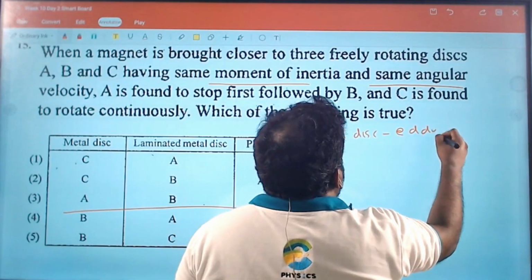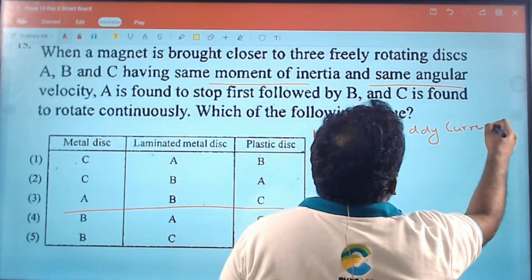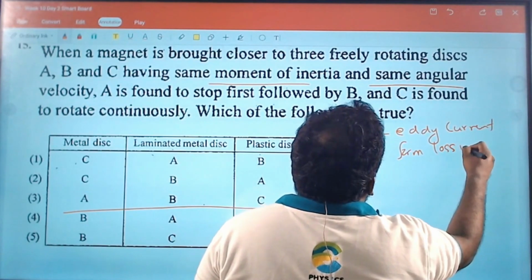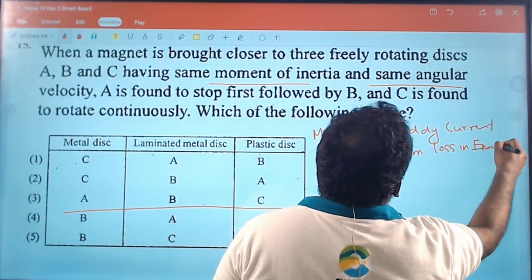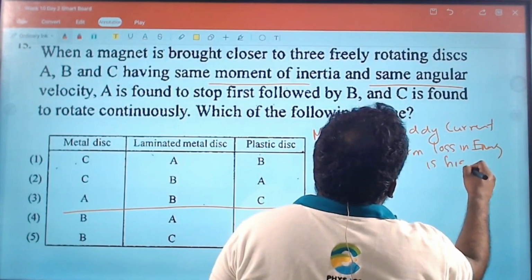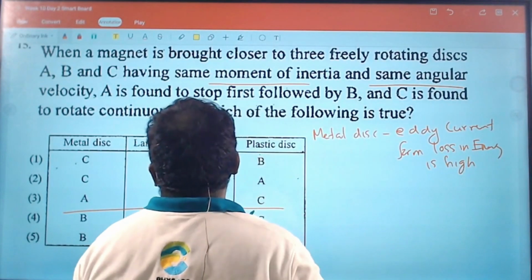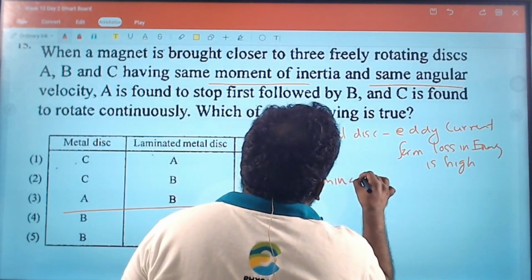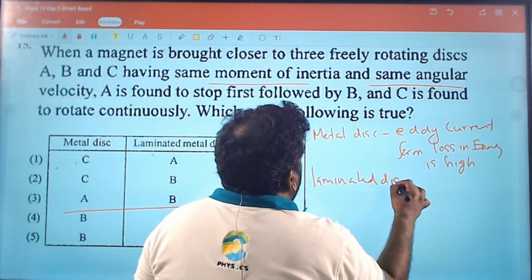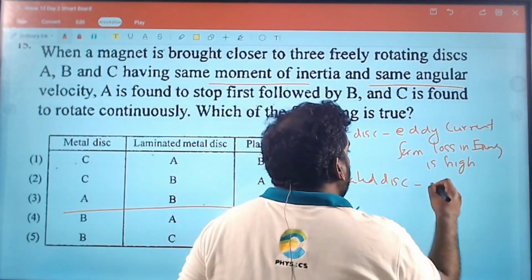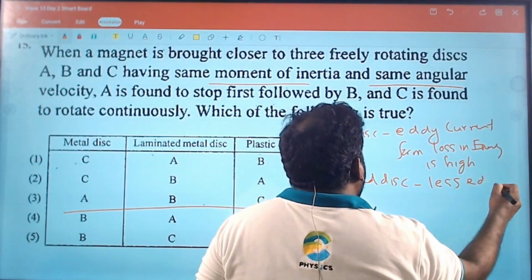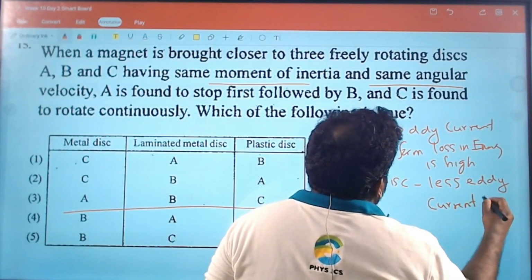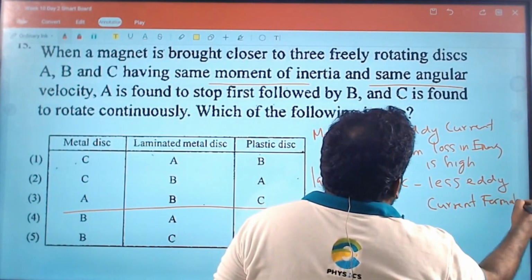So metal disc, eddy currents form. Loss in energy is high. Then laminated disc. Less eddy current formation.